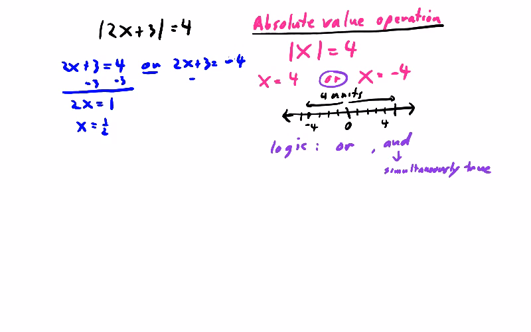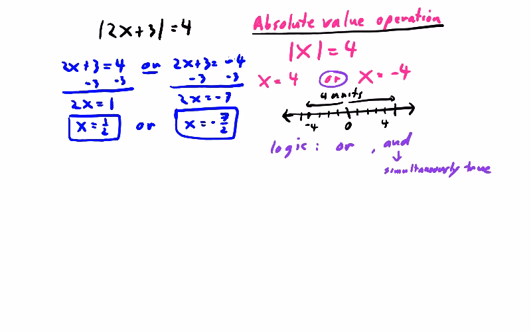We can do the same thing in the other equation, and get that 2x should be negative 7, so x would be negative 7/2. I worked through those more quickly than in the past, but these are the two solutions that would work. There are other ways to arrive at these solutions, but I think those are the simplest ways to do it.